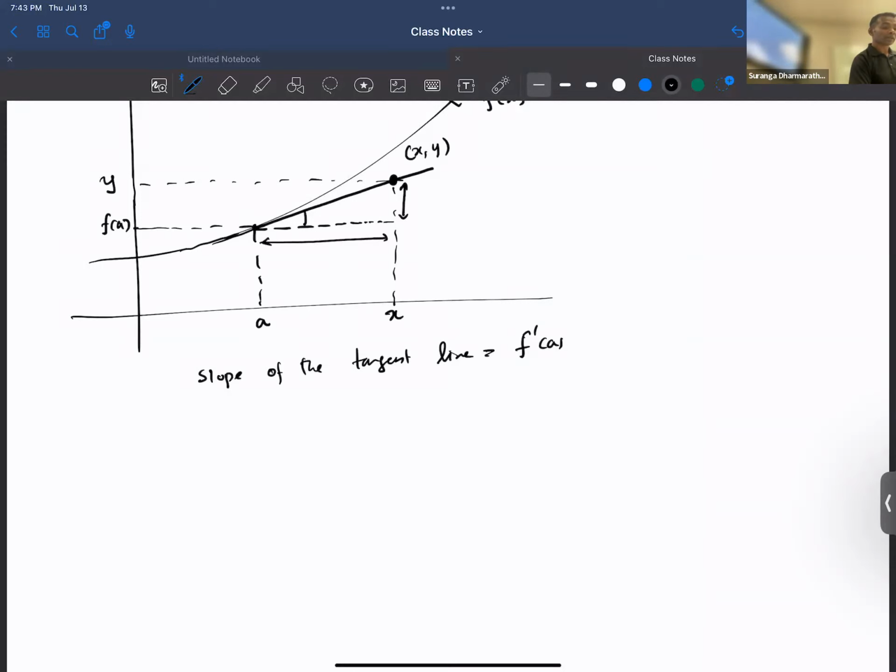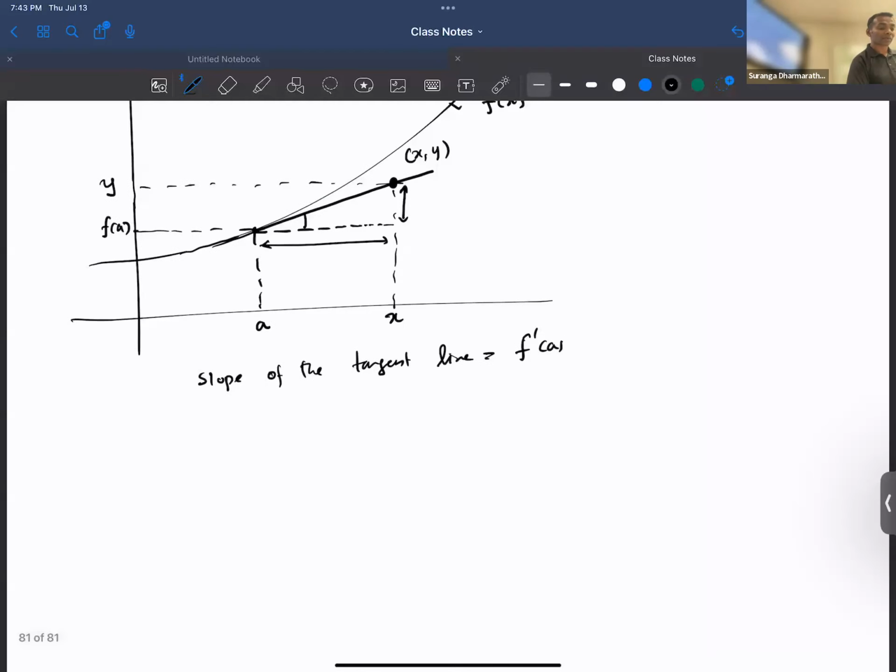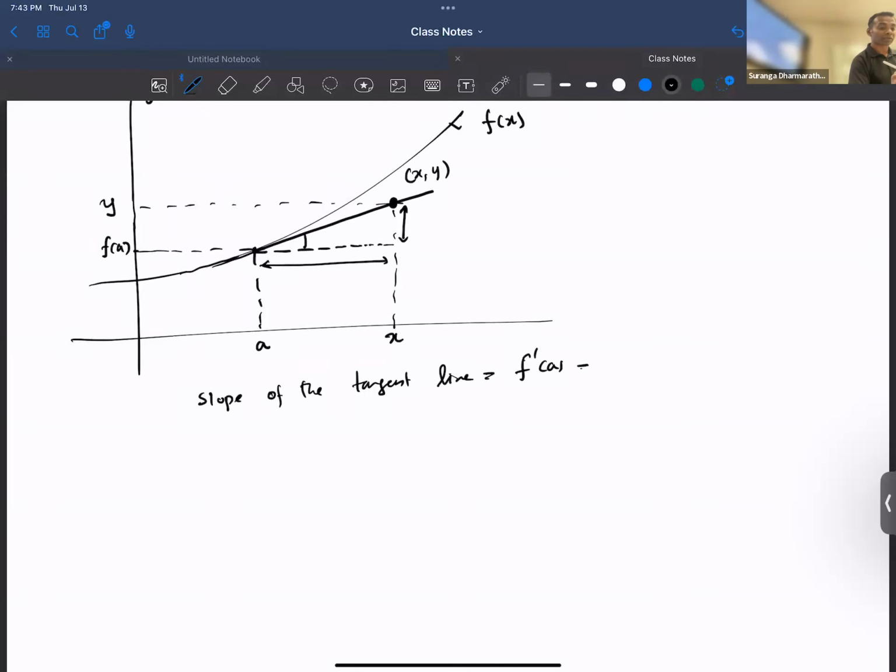So the slope of the tangent line is f prime a, which is also equal to what? What is the difference in x? X minus a. And what is the vertical distance? What is this distance, Bryson?